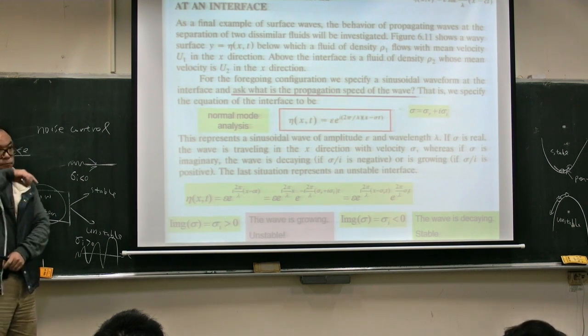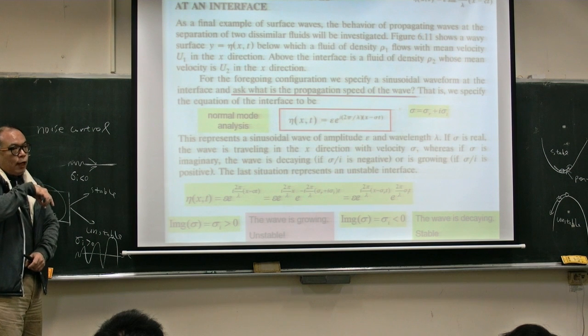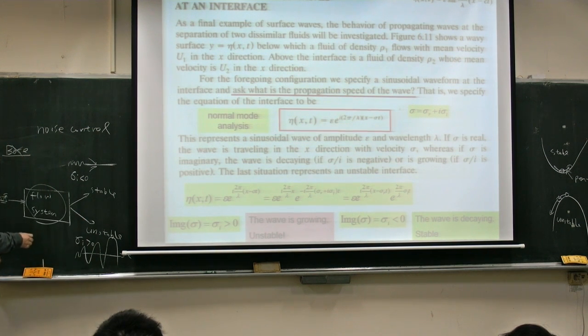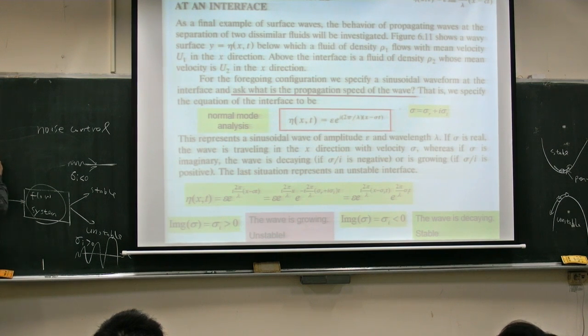system to be unstable, like in mixing. Sometimes we have mixing of two fluids, fluid 1 and fluid 2. You want to mix fluids A and B together inside the flow, and this is the interface.